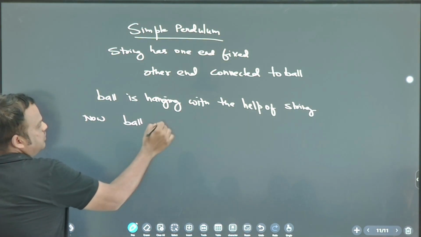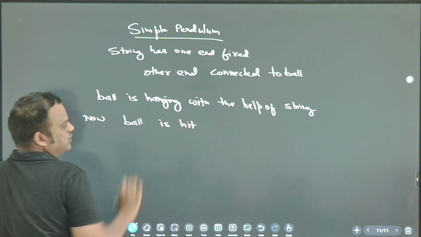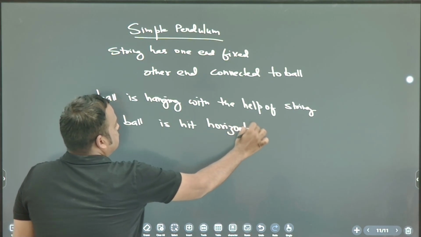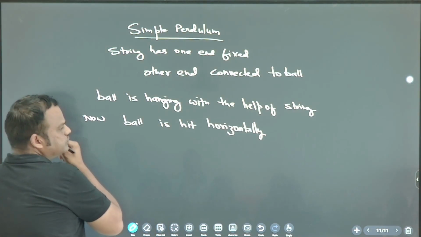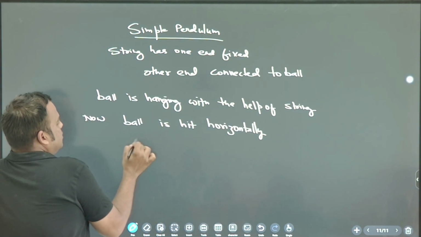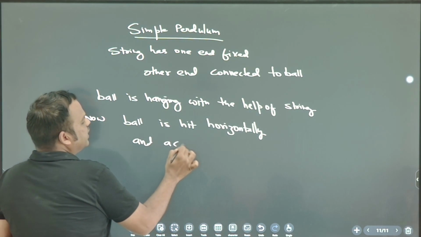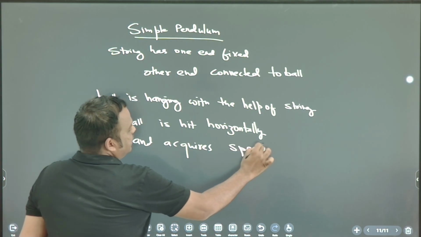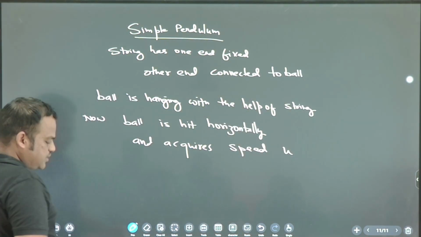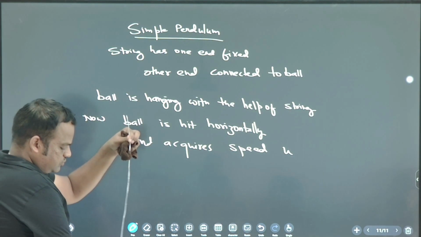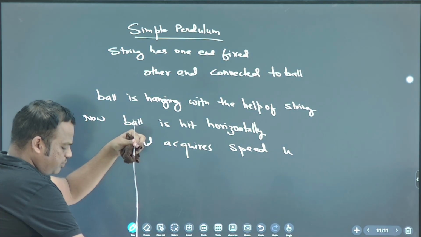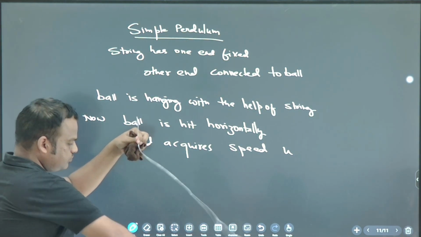Now ball is hit horizontally and acquires speed u. What speed have I given? What is the speed right now? 0. Now you give 1 meter per second like this.